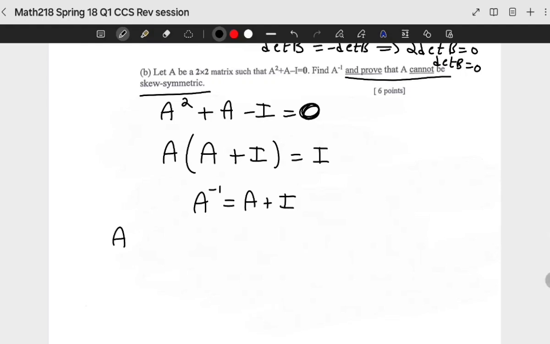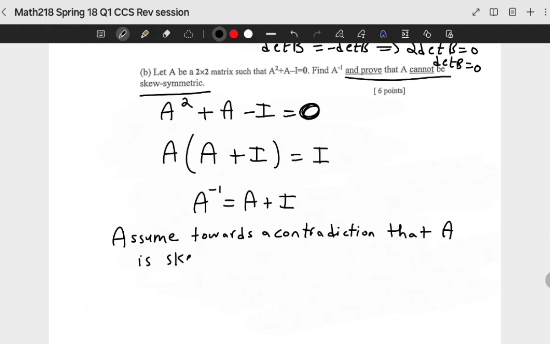So let's assume towards a contradiction. It's a good idea to be clear about what you're trying to do. So we're assuming towards a contradiction that A is skew symmetric.